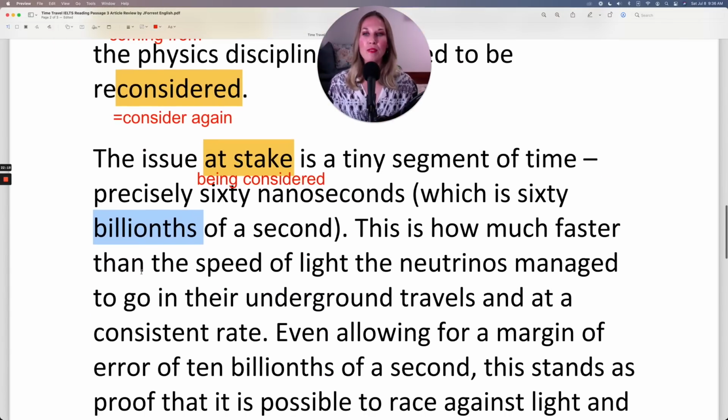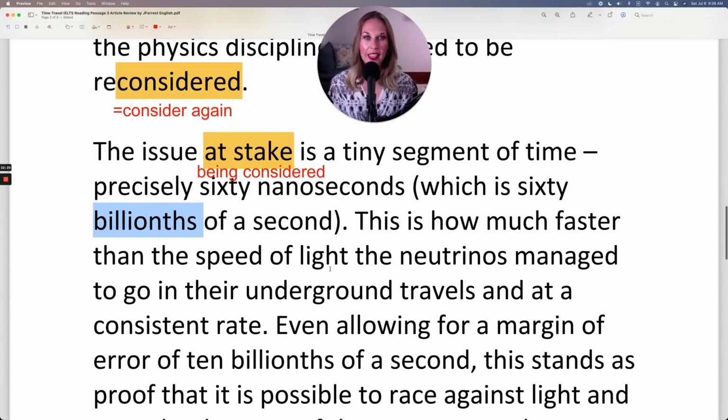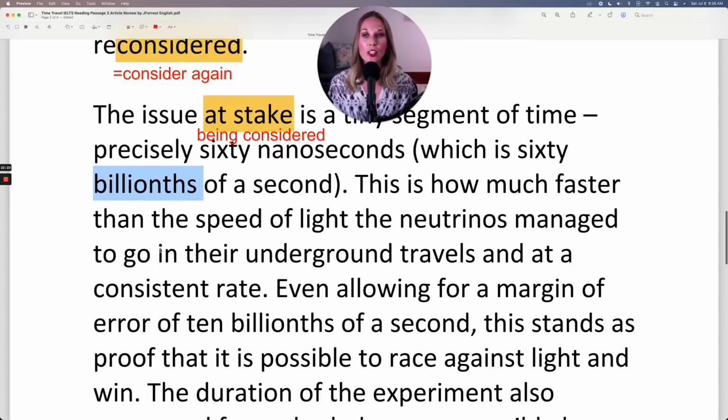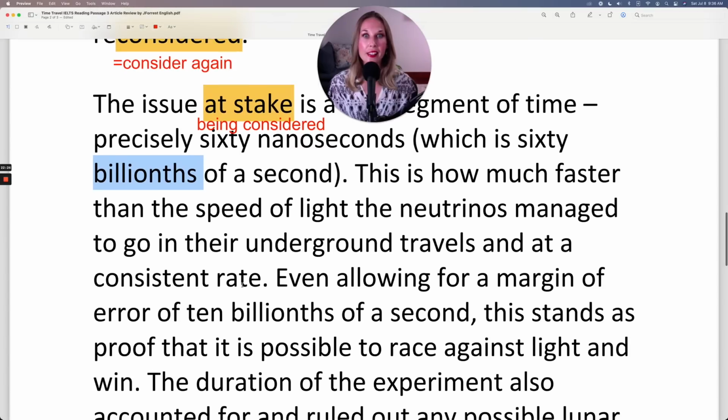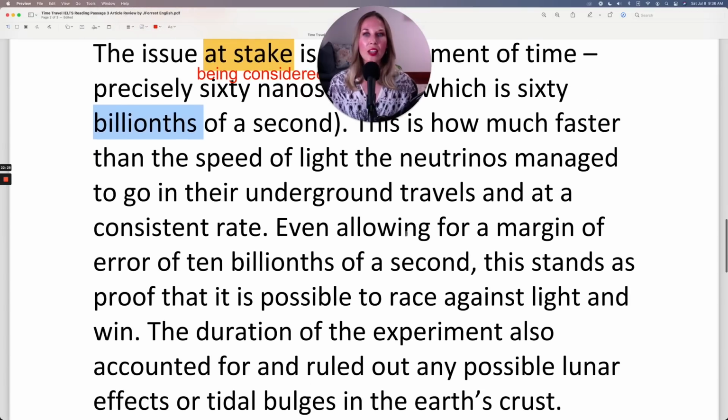This is how much faster than the speed of light the neutrinos manage to go in their underground travels and at a consistent rate. Even allowing for a margin of error of 10 billionths of a second, this stands as proof that it is possible to race against light and win.